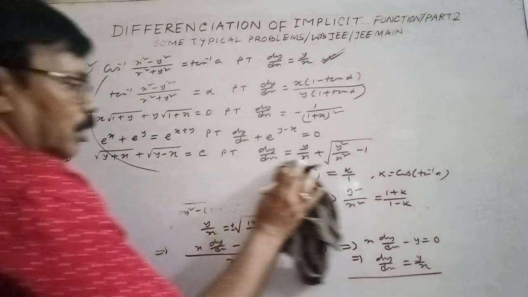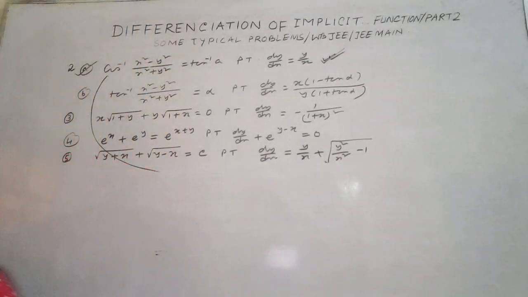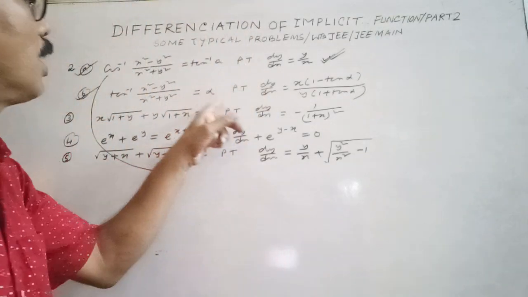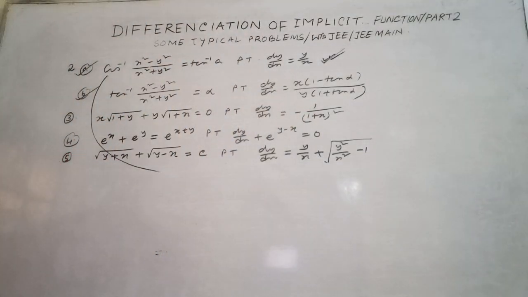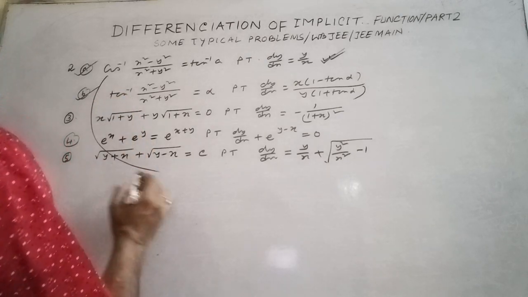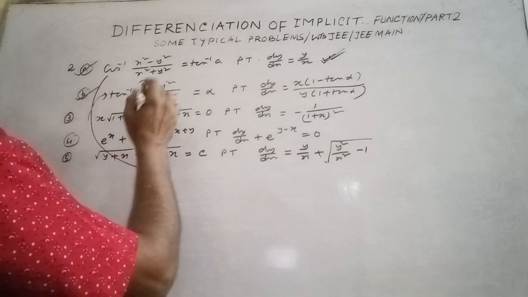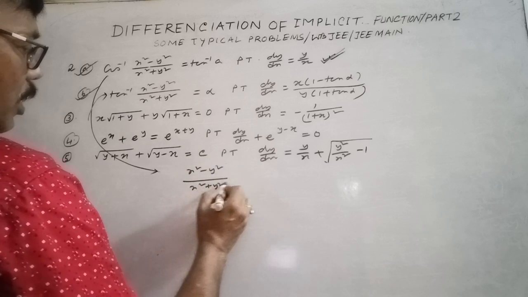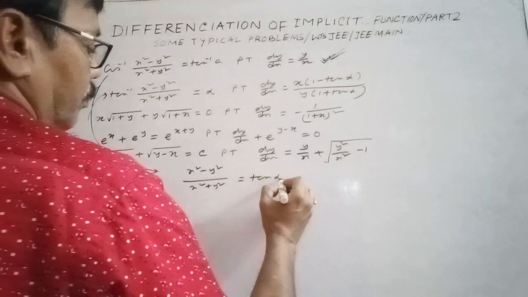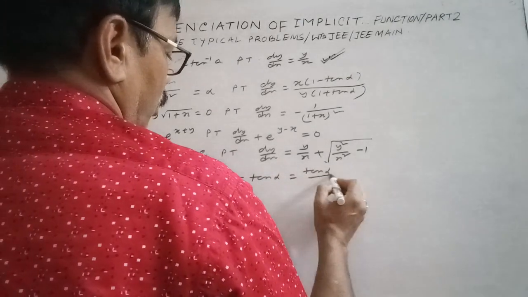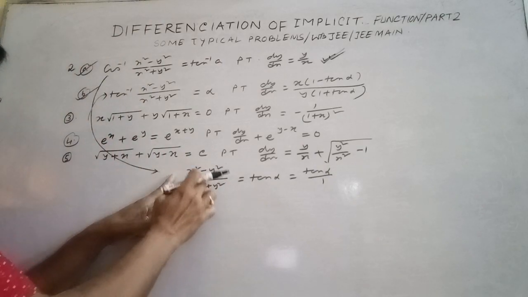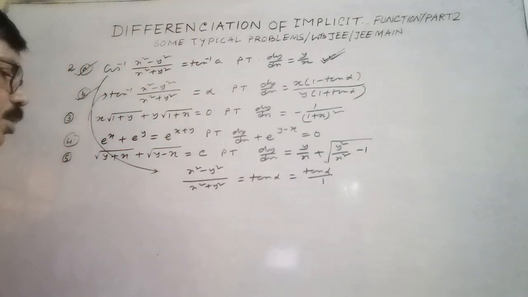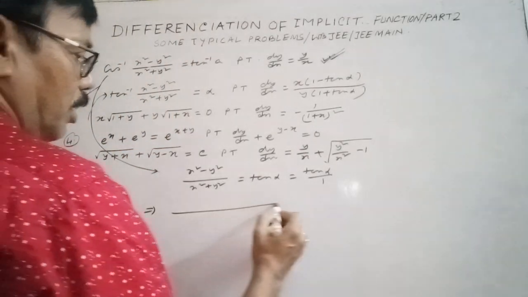Now look, problem number B is the same type of problem, but here alpha is present. This one is alpha. If we use the same technique, transferring tan to the right hand side, we get tan alpha. So we can write tan alpha by 1, because this is minus and this one is plus. We get an advantage if we use componendo and dividendo.